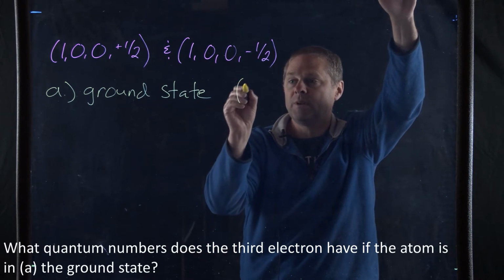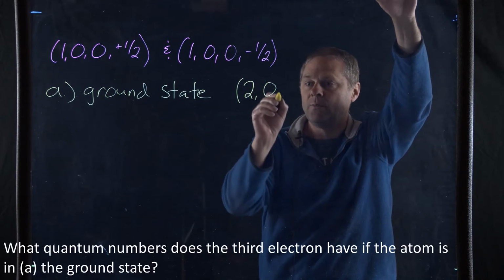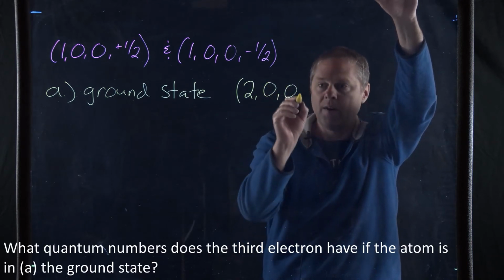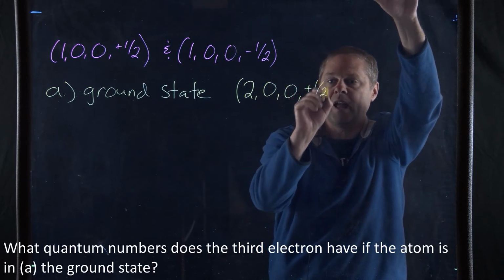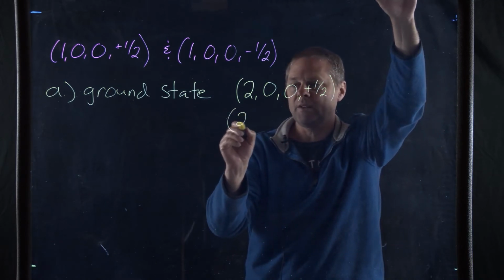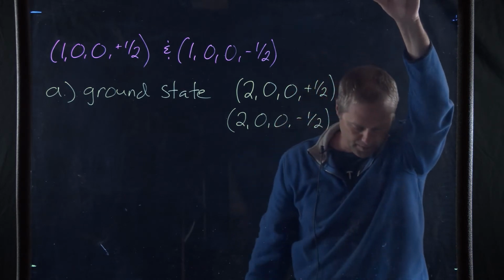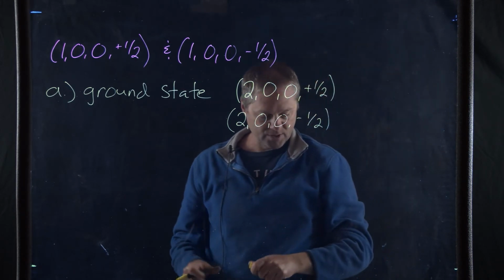So that's going to be 2, 0, 0, and it can have either a plus 1/2 spin, or it can have 2, 0, 0, a minus 1/2 spin.